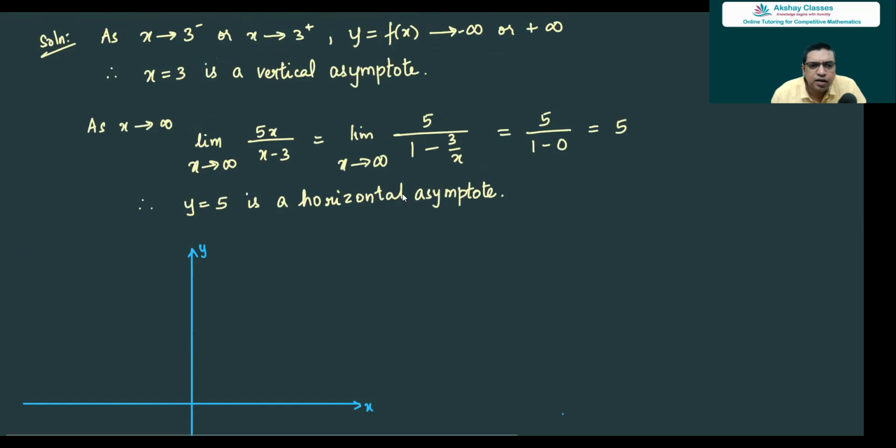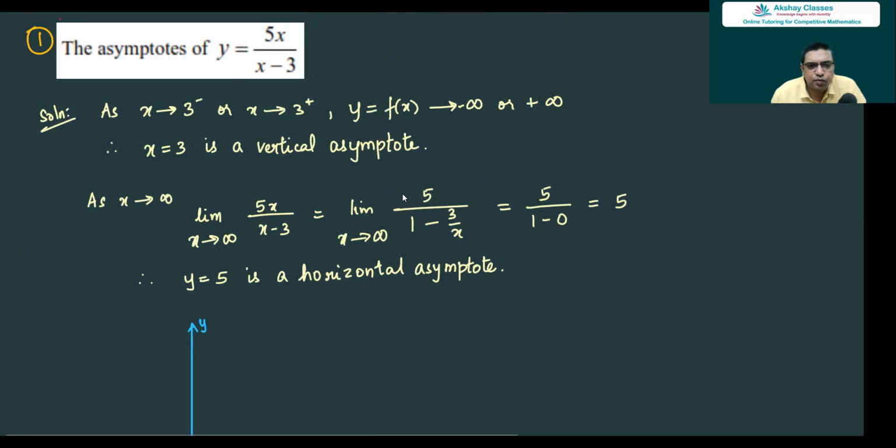Now, x equal to 3 and y equal to 5. So x equal to 3, let's say this is 3. This line I'm putting as a dotted line, but this line is the asymptote. X equal to 3 and then y is equal to 5, slightly higher here.